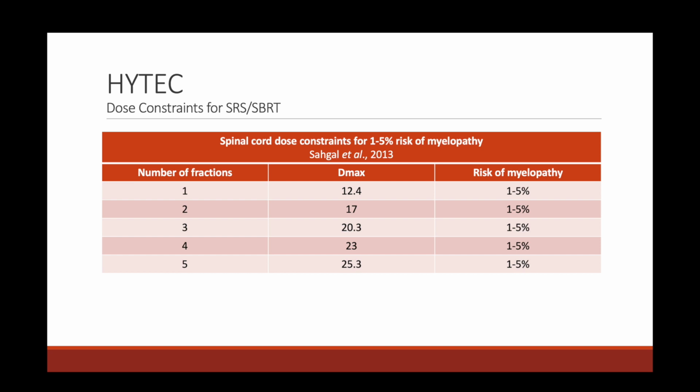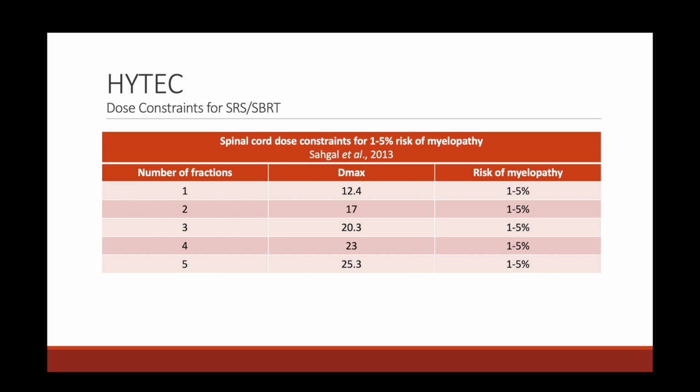These particular dose constraints for the spinal cord come from Dr. Segal's paper, and they give us dose constraints that correspond to a 1 to 5% risk of myelopathy. Keep in mind with spine SBRT, oftentimes these patients are being re-irradiated, or oftentimes they have different reasons for allowing us to accept a slightly higher risk of myelopathy with SRS and SBRT. But these are also some good numbers to keep in mind.